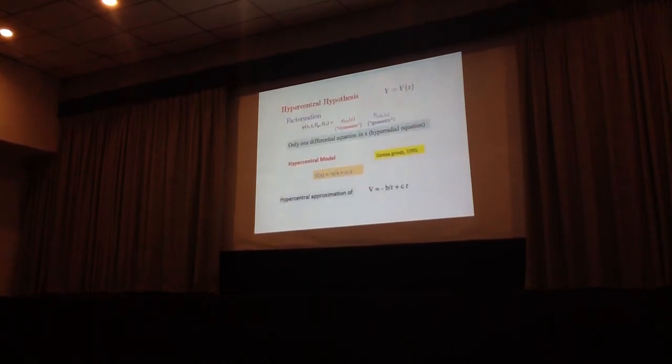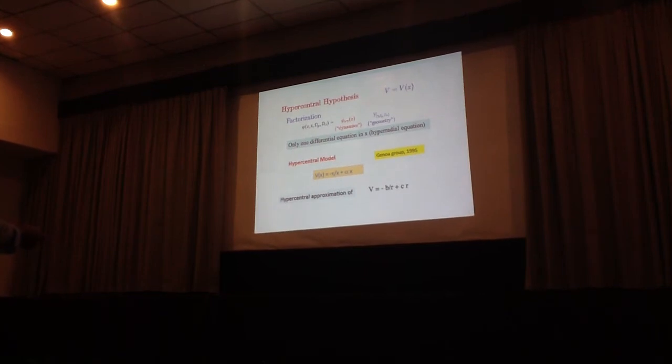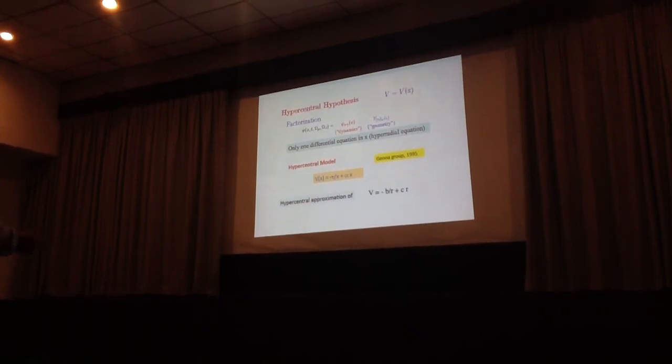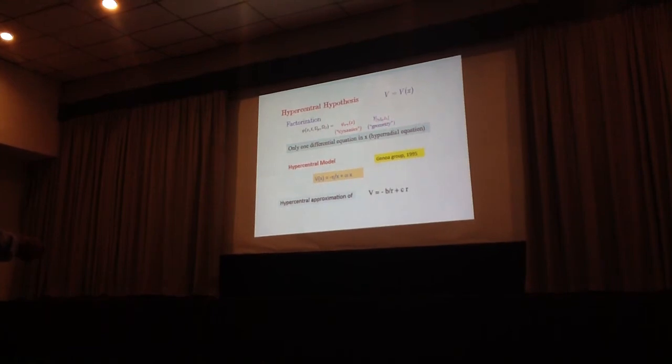This gave reason to our hypercentral hypothesis: to think that the three-quark potential depends only on the hyperradius. In this way, as in the central potential case in standard quantum mechanics, the space wave function of the three quarks can be factorized into a hyperradial part, which contains the dynamics, and a hyperspherical harmonic, which contains the geometry.